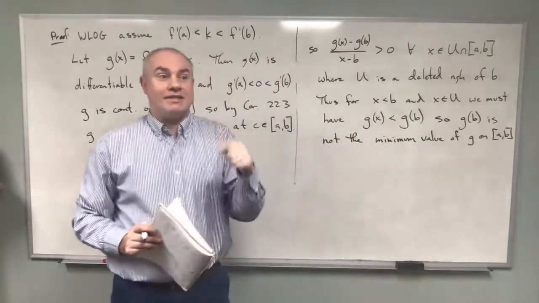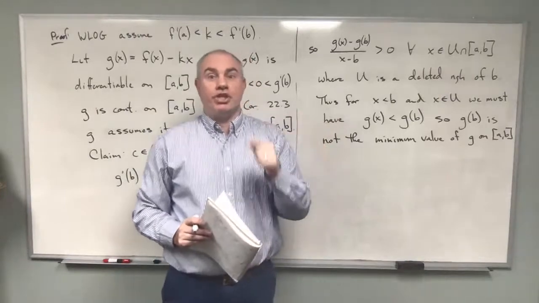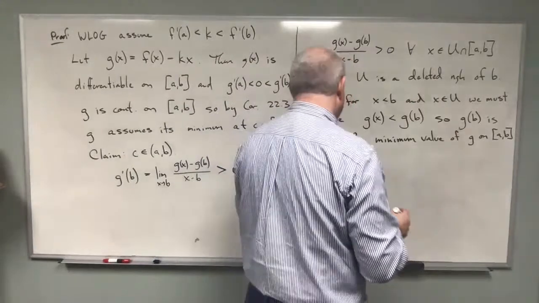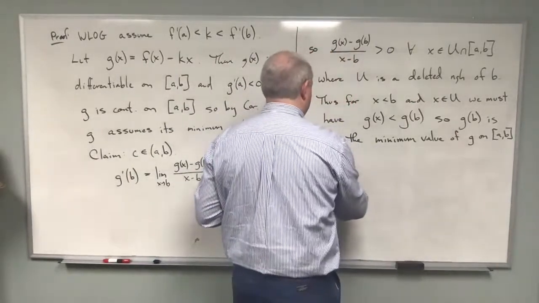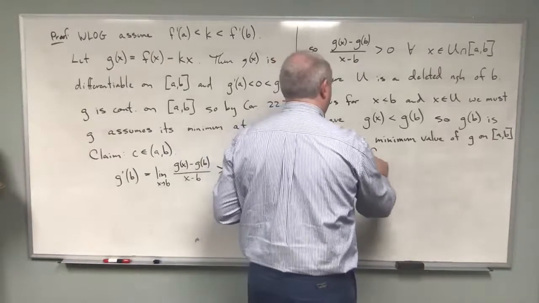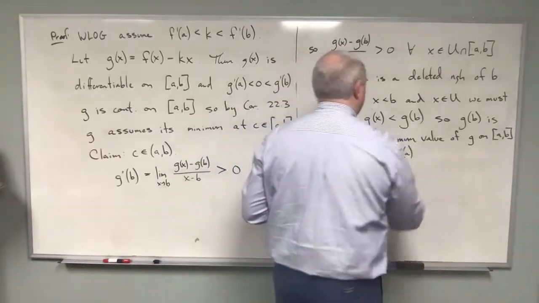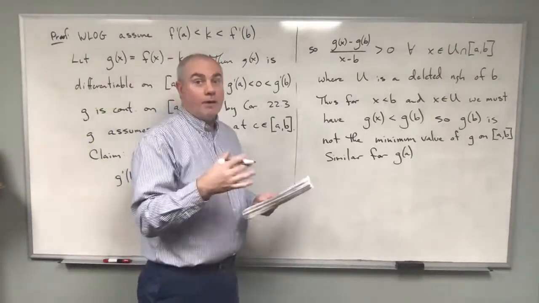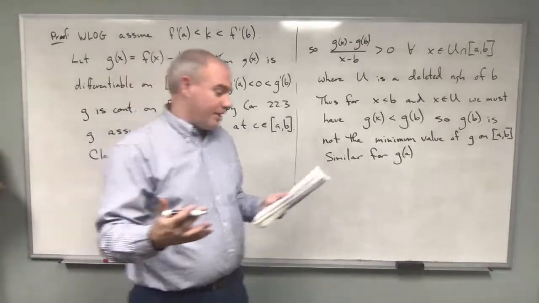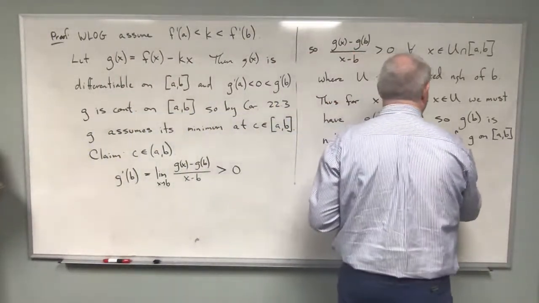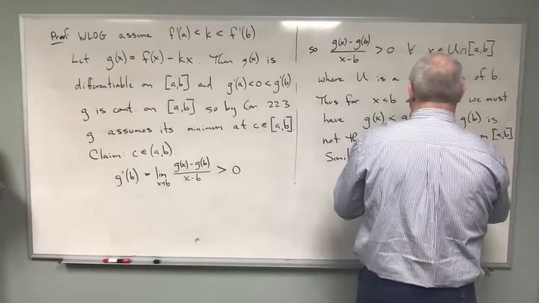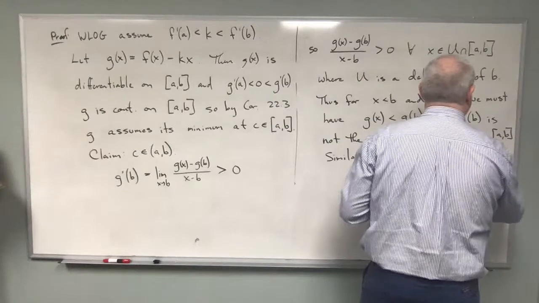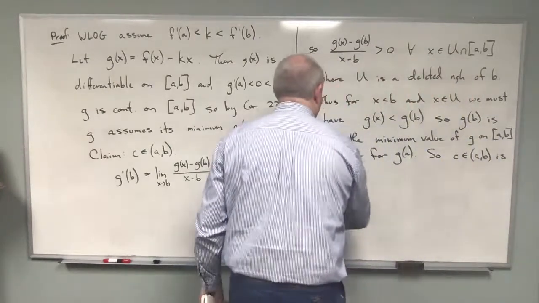I could do the exact same process and also show that G of A is not the minimum. So it's similar for G of A. So if G of B is not the minimum and G of A is not the minimum, then somewhere in between A and B is the minimum. So C in (A, B) is the minimum.